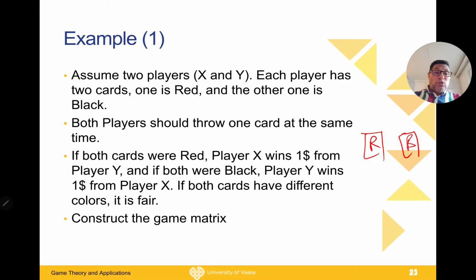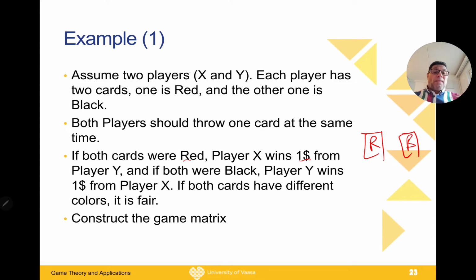If both cards were red, then player X wins $1 from player Y. And if both were black, player Y wins $1 from player X. If both cards have different colors, it is fair, so no one will lose or win.